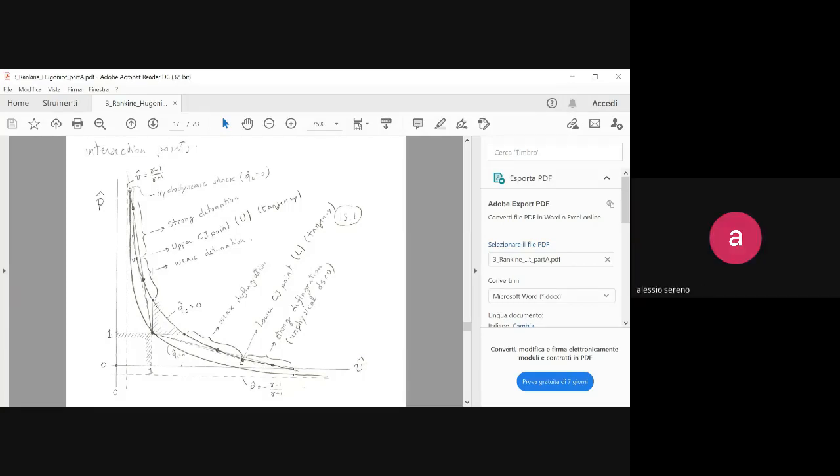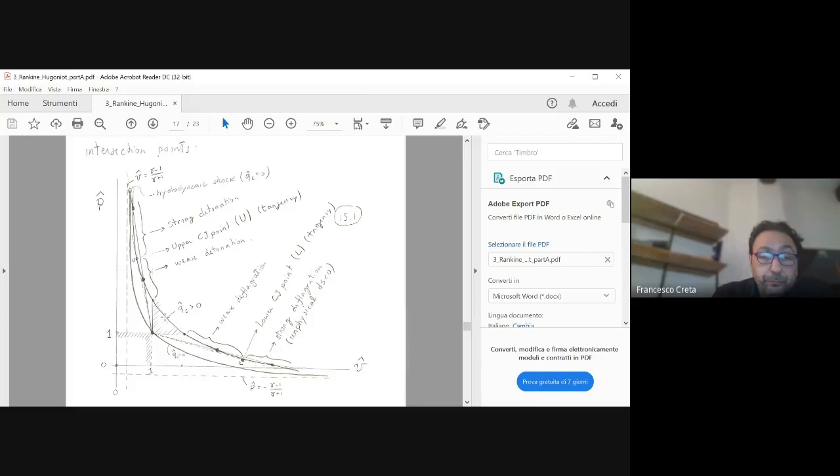Okay, so this is the solution that we have to look at. Now, as you can see, the intersections between the Rayleigh lines and the Hugoniot curves, in this case, are 2 intersections in the supersonic case, and so it would seem also 2 intersections in the subsonic case.